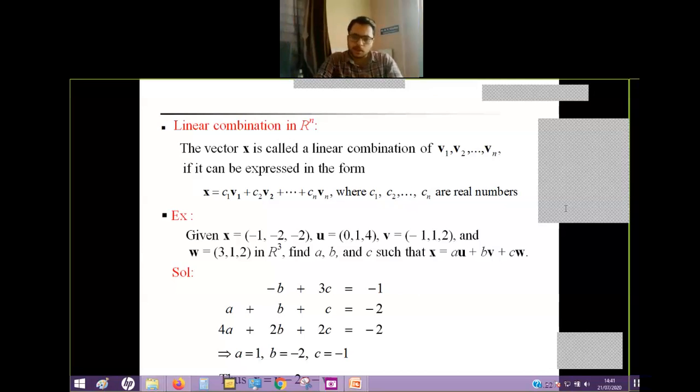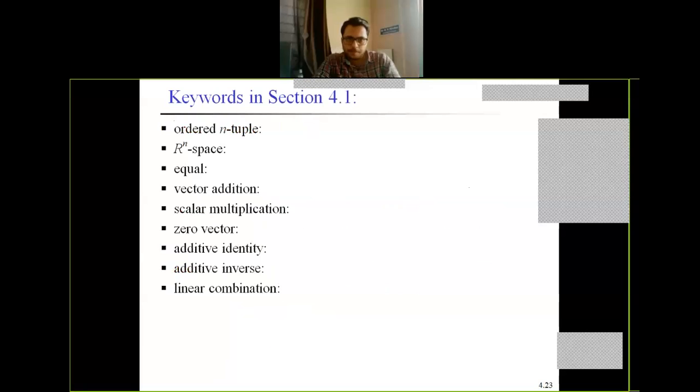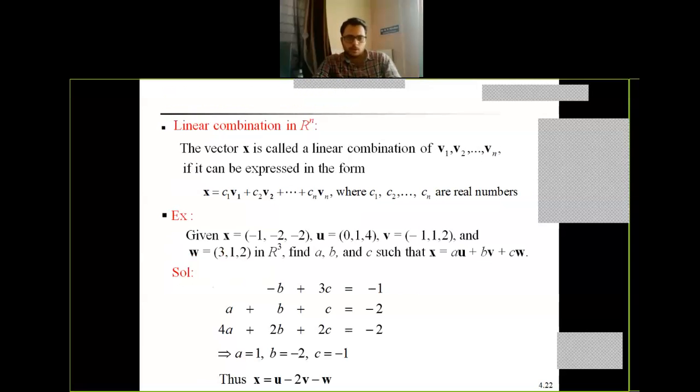Okay, so I think you know what Rn is, but you are not able to answer, or you don't want to answer. So moving forward, as I said, this example is a very basic type of example. So x is there, u is there, v is there, and w is also given to you.